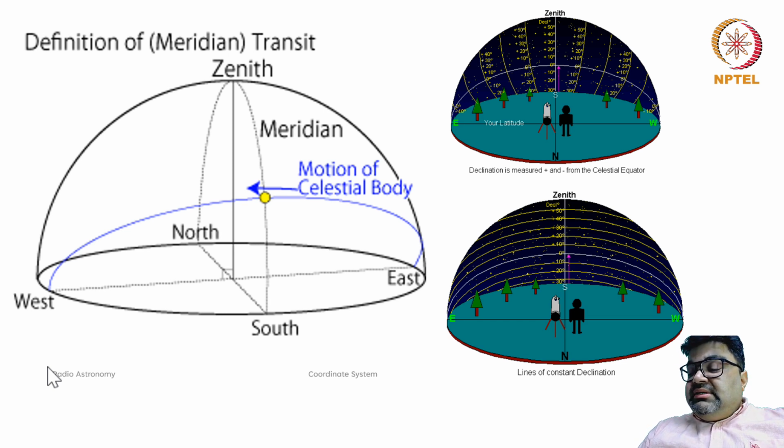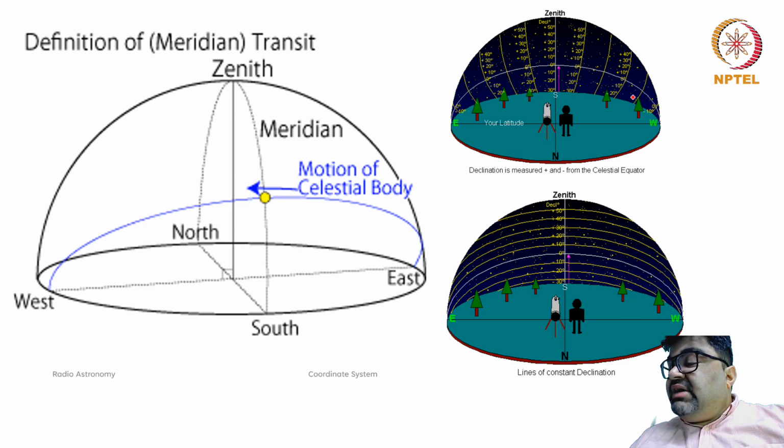So, very well. What we discussed was in that sphere, but from the observer's point of view we don't see a sphere. We just see a hemisphere, the sky above us. Suppose you have your observer and you point your telescope, in a nice picture taken from the Calgary website.